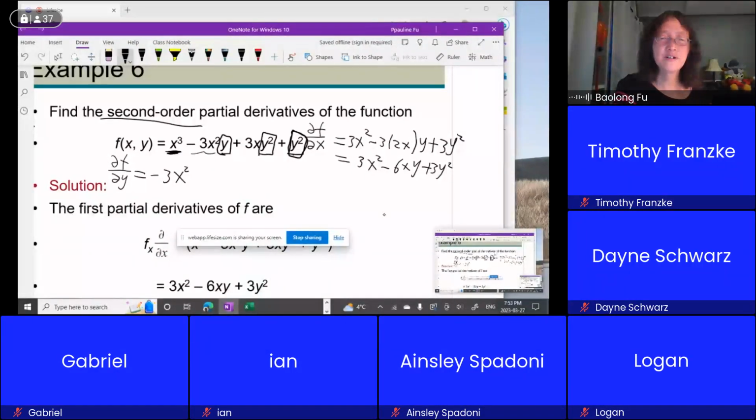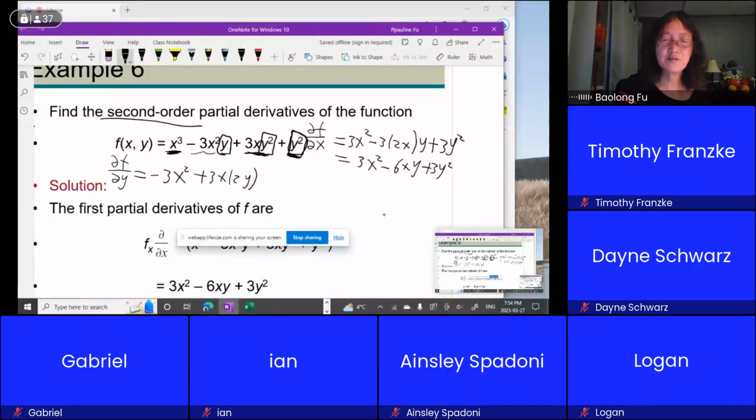And this derivative for y is 2y. Did I miss something? I missed this y here. So derivative of this y, it is actually 3x, 2y.